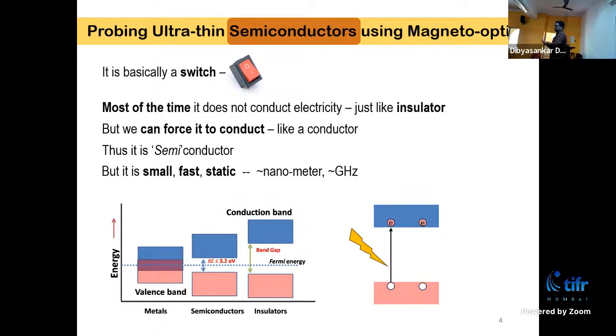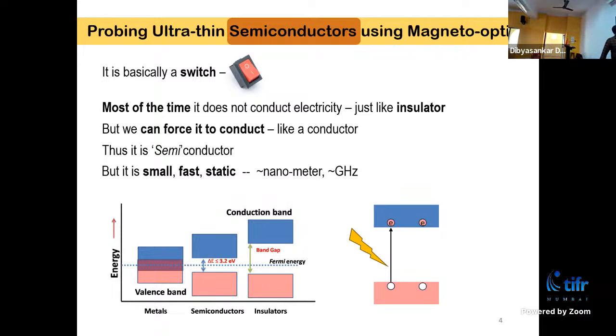There was an electron, the electron is removed. Now there is a hole. So once an electron is created, it creates a hole in the valence band. The electron is negatively charged, so the hole will be a positively charged particle. Okay. So hole is nothing but deficiency of electron.